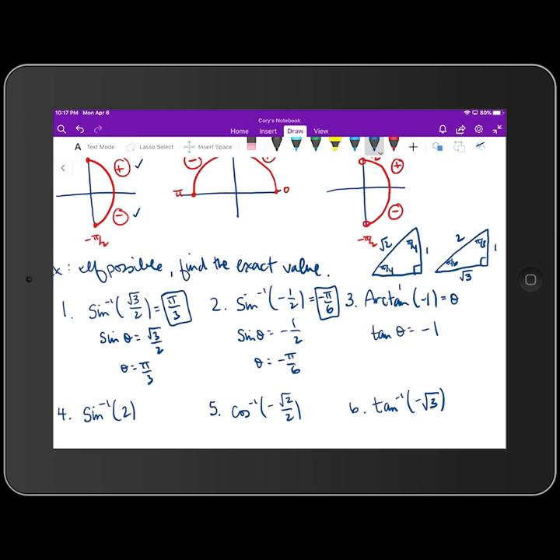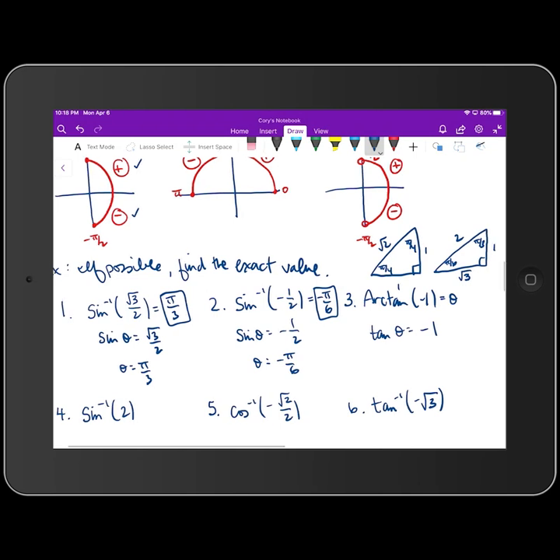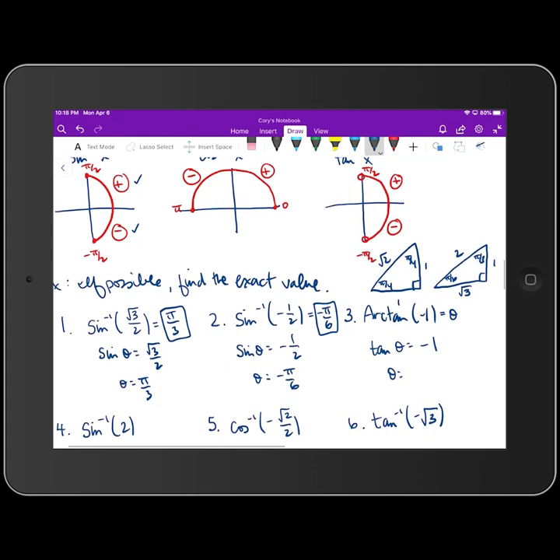But in this particular case, this is going to correspond to a reference angle, because if we look at the angle pi over 4, the tangent of pi over 4 is going to be equal to 1. Again, tangent is opposite over adjacent. That's going to be equal to 1. So that tells me that the reference angle here is going to be pi over 4.